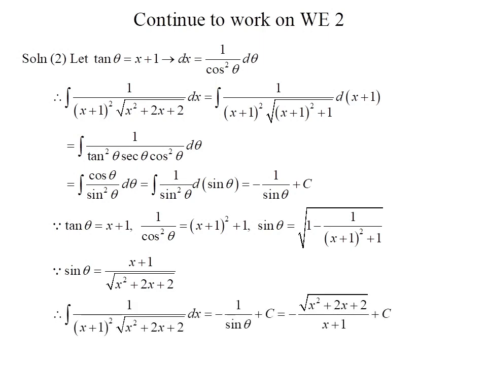After being substituted back to the variable x, the antiderivative equals negative 1 over sine theta plus c, which can be expressed as negative the square root of x squared plus 2x plus 2 over (x plus 1) plus c, which is the general solution of this anti-differentiation.